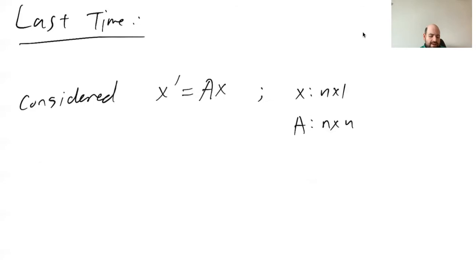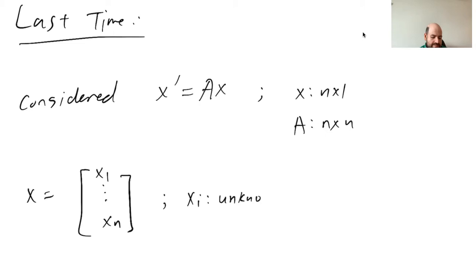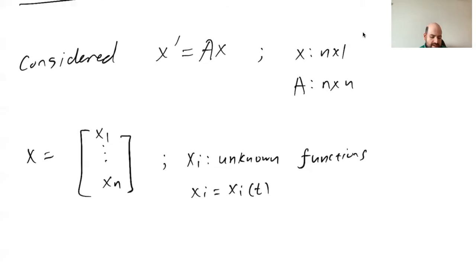And we can write x as, let's say, x1 to xn, and xi here are unknown functions. And we can assume that these are functions of t, and t is our independent variable.